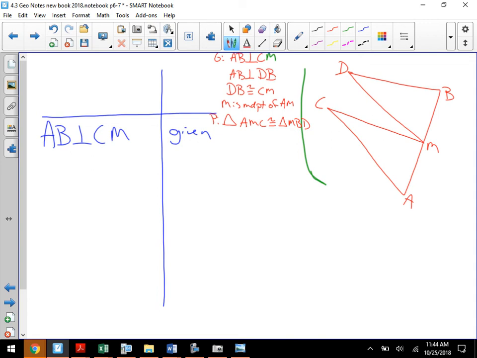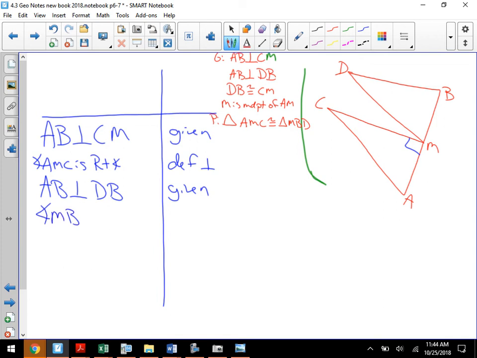But in my head, once I have perpendicular, I'm going to figure out that I have the right angle here. So I'm just going to say angle AMC is a right angle, definition of perpendicular. Then I go to the next one. AB is also perpendicular to DB, given. That means that angle MBD is a right angle.